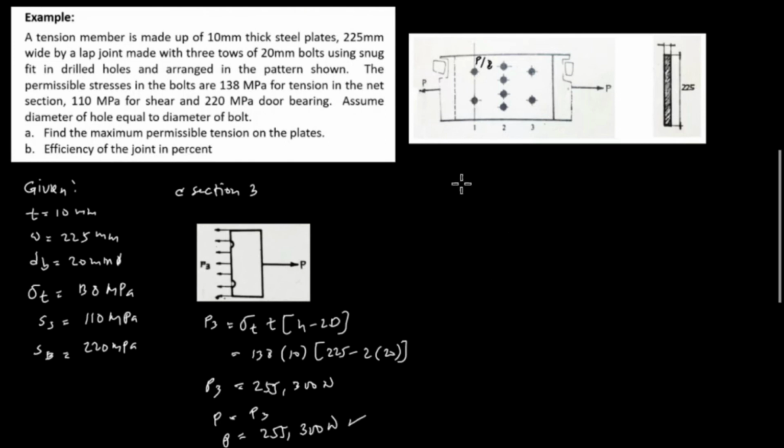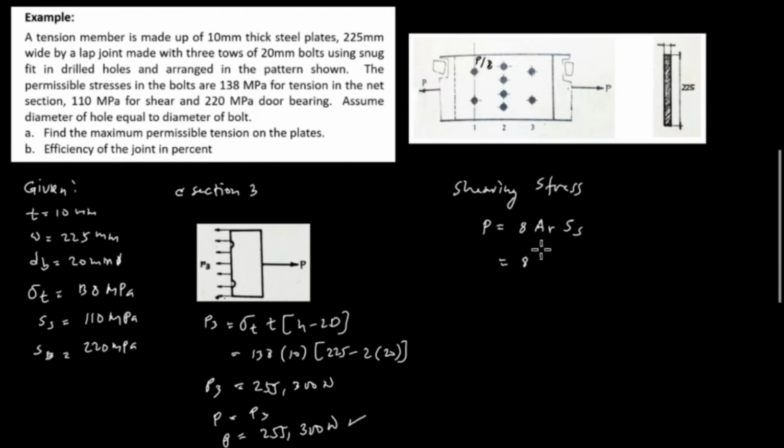We'll find the shearing stress. And the shearing stress is, P is equal to 8 bolts multiplied by the area of the rivets and the shearing stress. And what is the value for the area of the rivet?